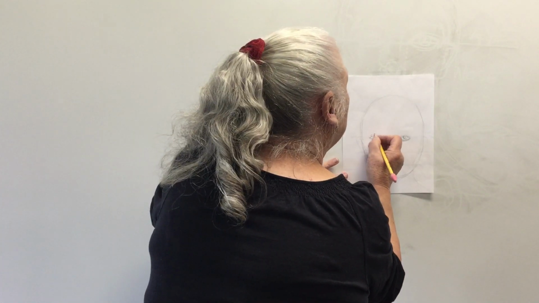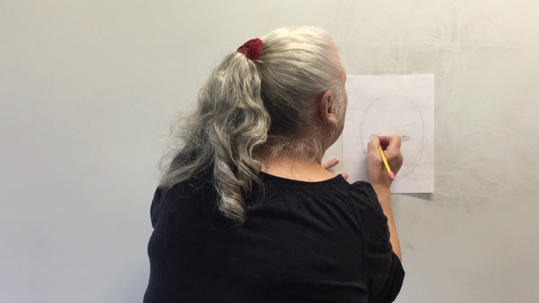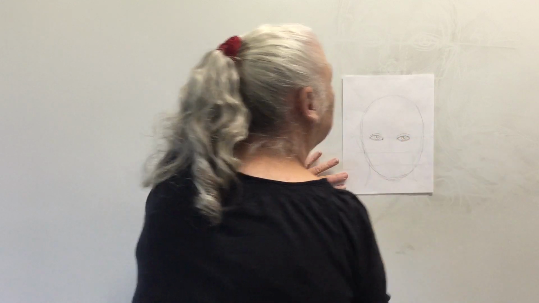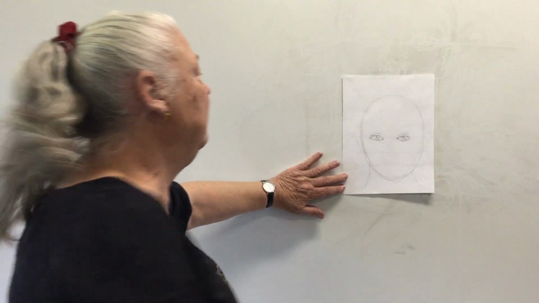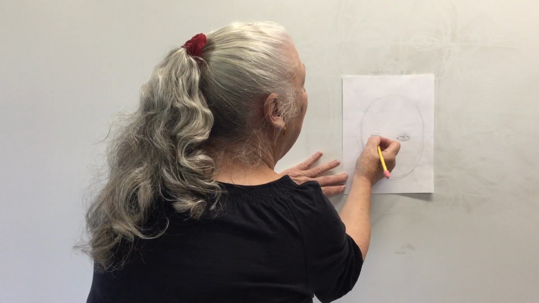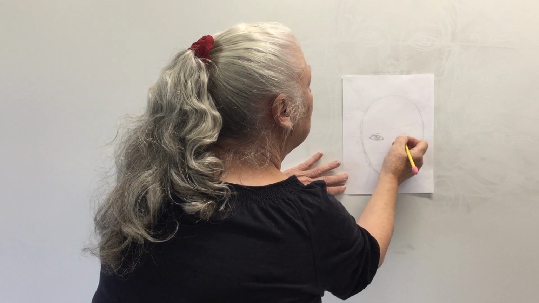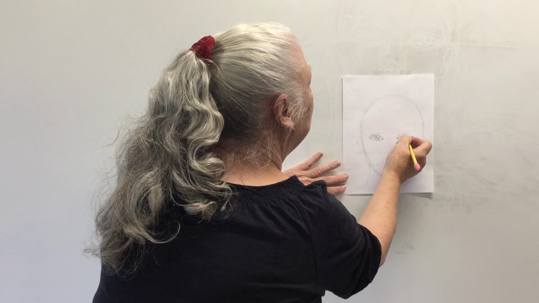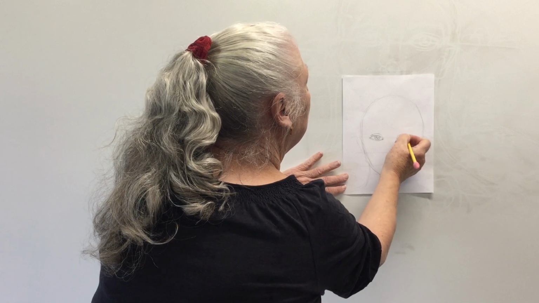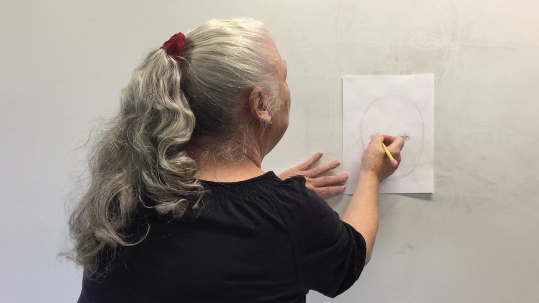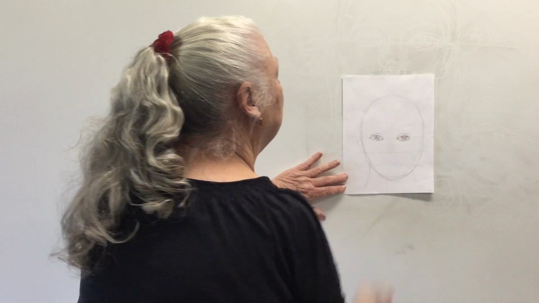And the eyelid wrinkle. Okay, so we have the eyes in here. We can decide, are they light or are they much darker? You need to decide that. You need to look into the mirror.